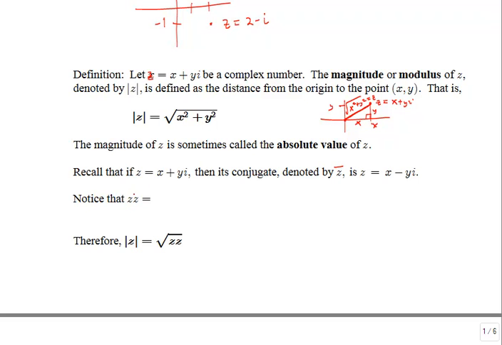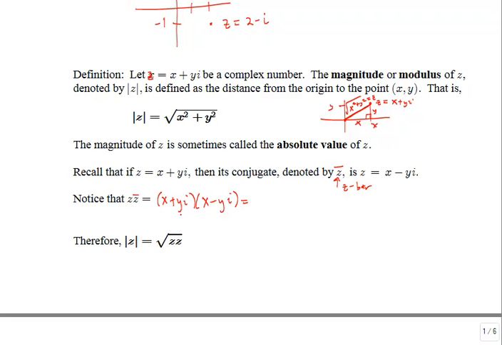So if we take a complex number z times its conjugate, z bar, let's see what we end up with. We get x plus yi times x minus yi.